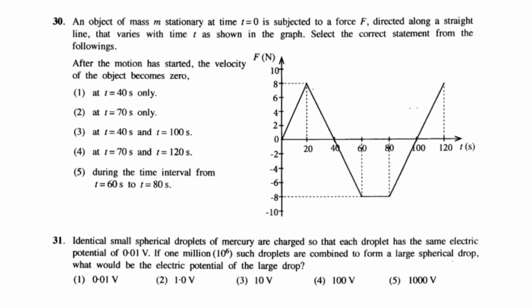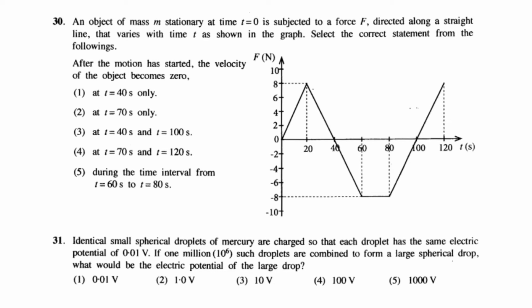For the small sphere, the electric potential is Q over 4 pi epsilon naught r, and it is given that the electric potential of a small droplet is 0.01. That is, Q over 4 pi epsilon naught r is equal to 0.01.